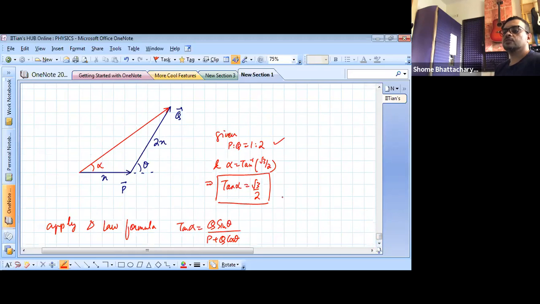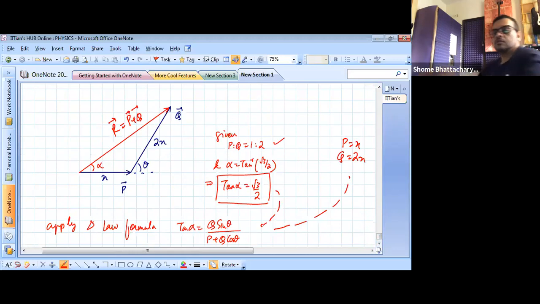If P is x, then Q is of magnitude 2x. So apply that also and you'll get the answer. Just try this out now, people.